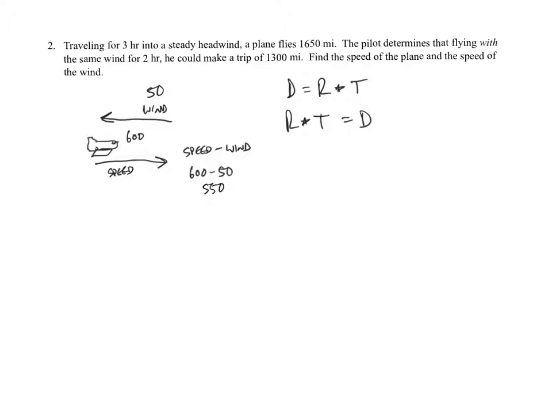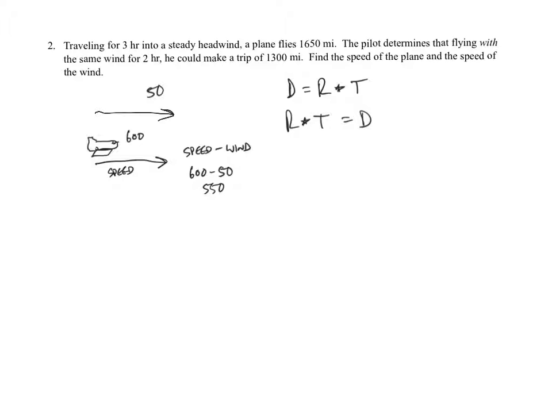Now similarly, let me go ahead and erase this. If the wind is in this direction and it's 50 knots, that's a tailwind.